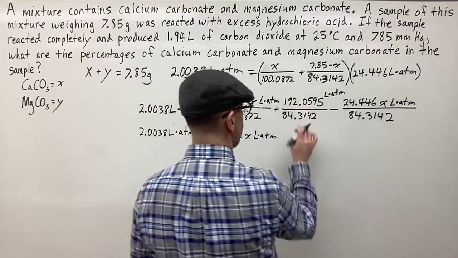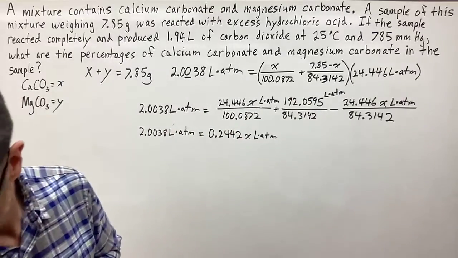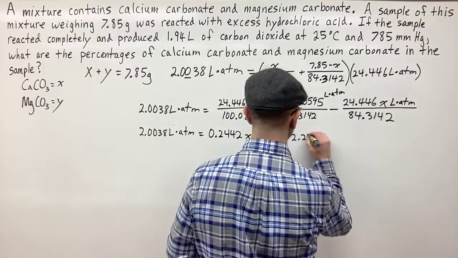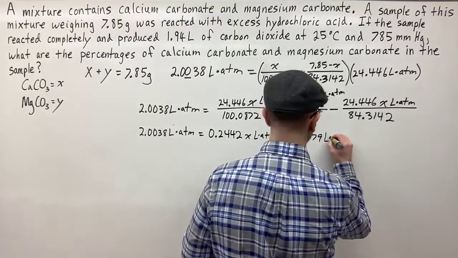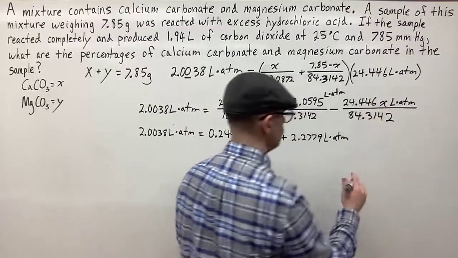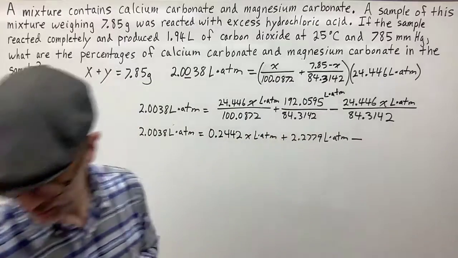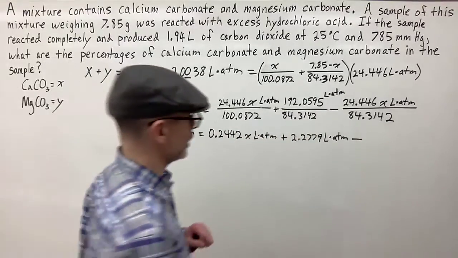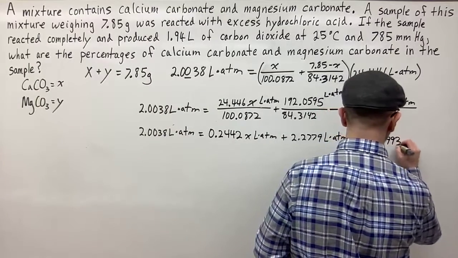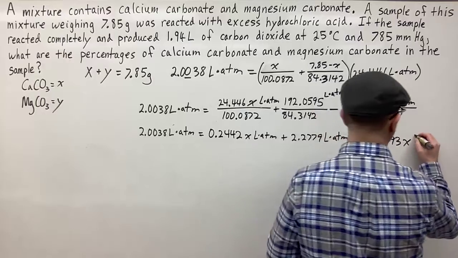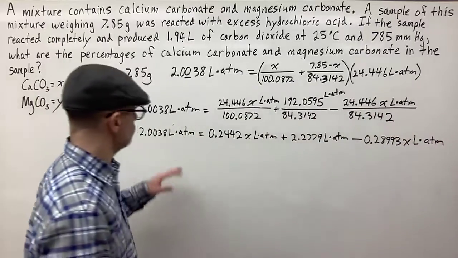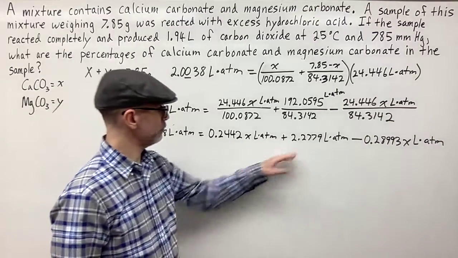And then dividing these two, we get 2.2779 liter atmospheres. And when we divide these two, we're going to get 0.28993. So 0.28993. And again, that's x liter atmospheres. Okay, so it's pretty simplified here.